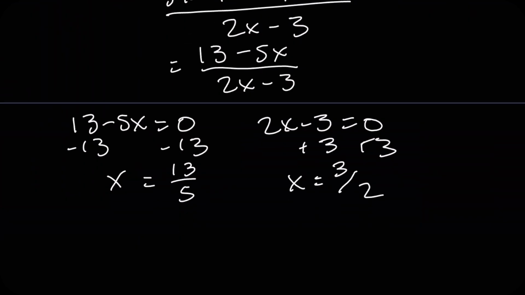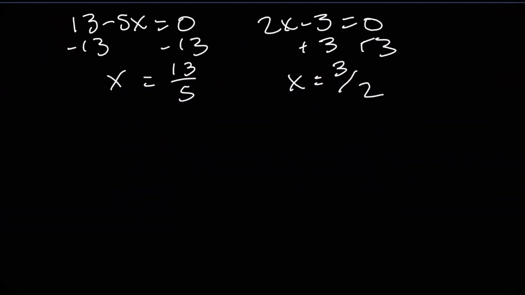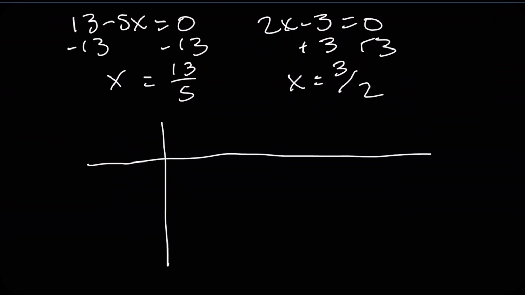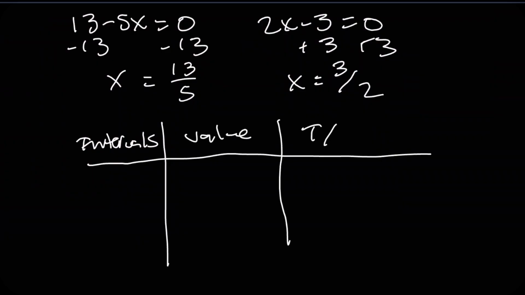Okay? And now we want to plug in some values for our intervals and figure out which ones to include and which ones to exclude. So go ahead and draw your table, and you can put intervals, and you can put values, and then finally true, false when plugging it into your original inequality.